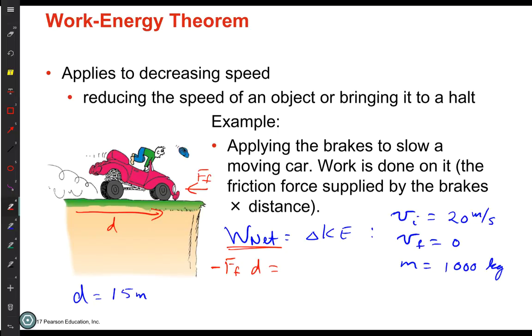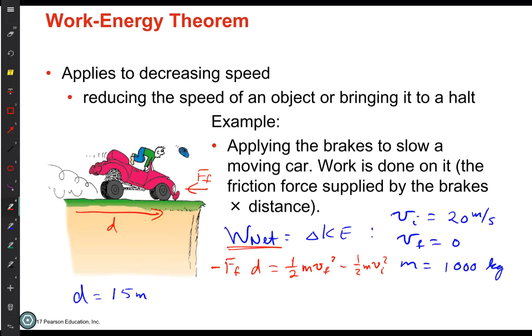Final. So it's going to be kinetic energy final, 1/2 mass times speed final squared, minus kinetic energy initial, 1/2 mass times speed initial squared. So there's my mathematical equation, putting my ideas of what work is and the work energy relation together. And of course, what kinetic energy is.